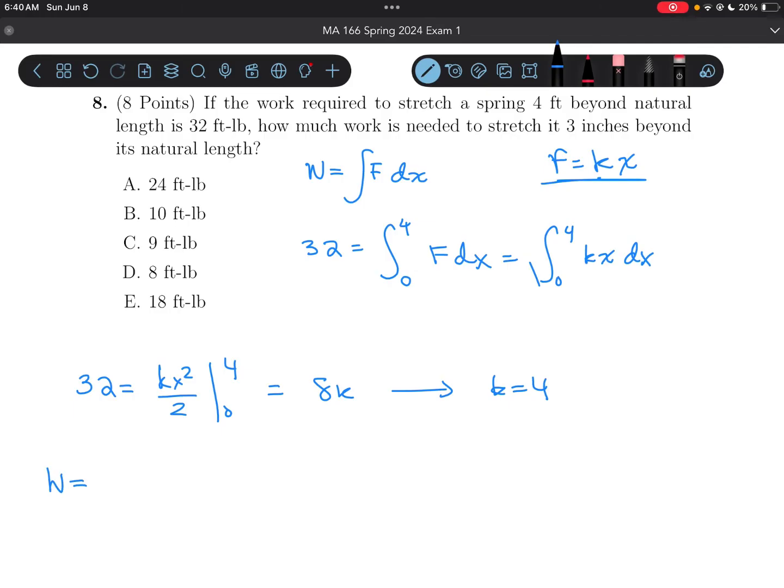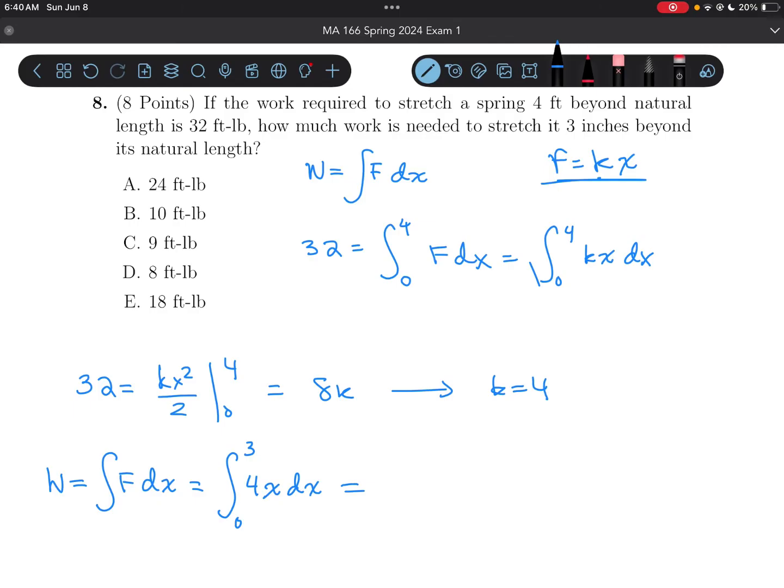So work is equal to the integral of force times dx, and now I know that k is 4, and I want to stretch it 3 inches beyond equilibrium.